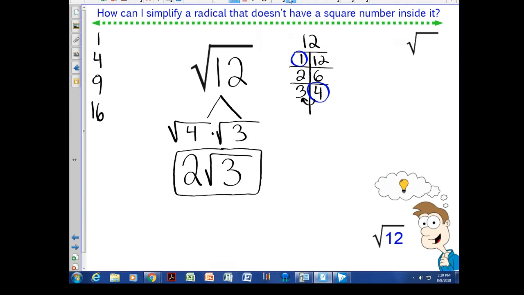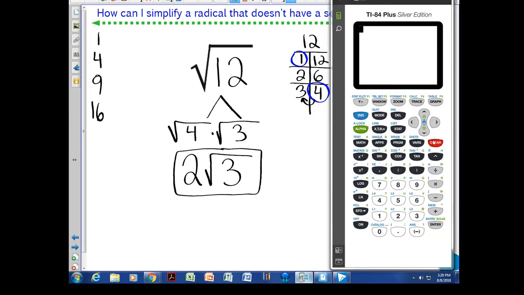Now, there is a nice way to check that you simplified well with your calculator. So I'm going to clear out my calculator, and I'm going to start with second x squared, which opens up the square root, and I'm going to put in 12 and hit enter. And I could see that gave me a 3-point non-repeating decimal, 46410, right? Nothing's repeating. It's kind of like a crazy number. It's an irrational number.